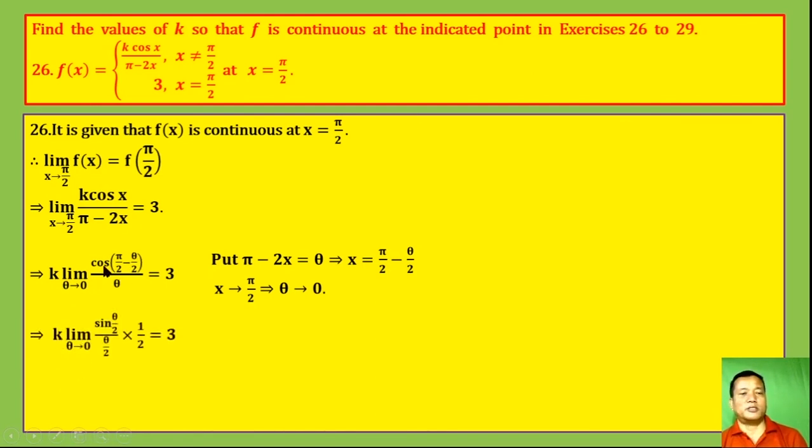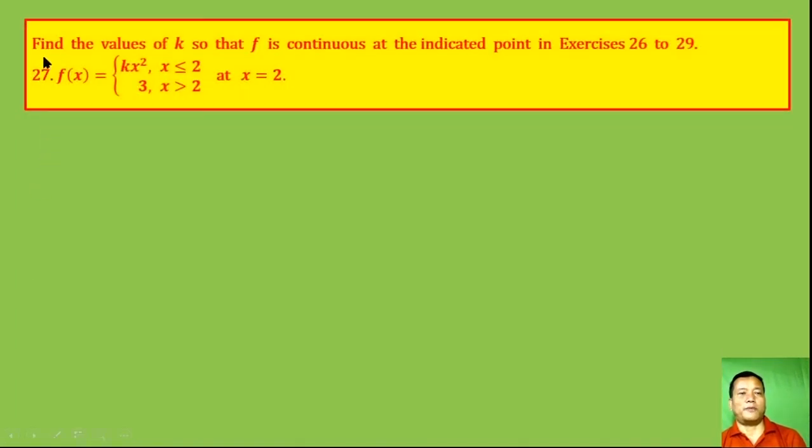Then this is sine or cos of 90 minus theta by 2, the sine of theta by 2. Balancing the half, that is k into the limit which is 1, whose value is half, equals 3, that gives k equal to 6.